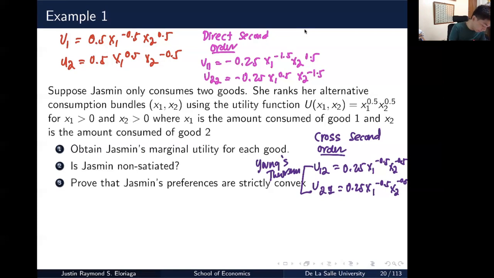So remember, the formula is 2 u1 u2 u12 minus u11 u2 squared minus u22 u1 squared, right?